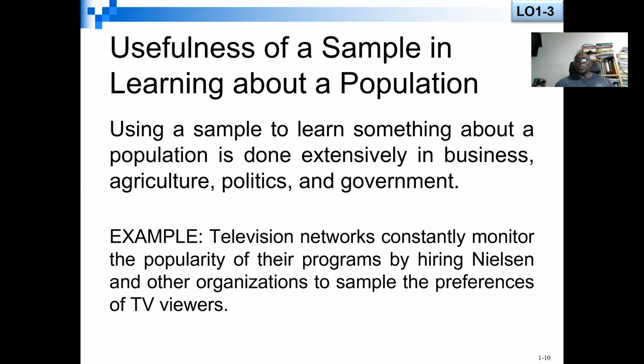So using a sample to learn something about population is done extensively in business, agriculture, politics, and government. I would say one of the few studies where we don't use a sample is maybe when we are taking the census of a population. In this case, we want to know the total number of people living in a specific country.